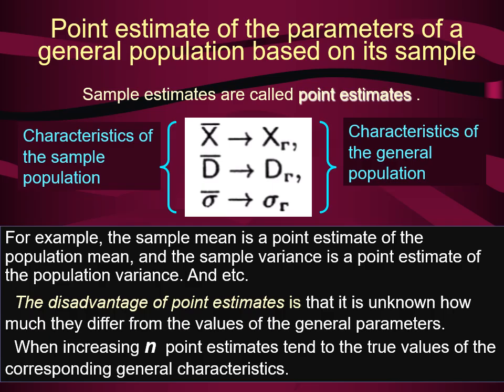I repeat, in any case, having found the average of the sample population, we will find only an approximate, one of the approximate estimates of the general population, because the selection of the sample from the general population will change slightly, that is, we will change the objects. One of the objects that was selected, we will return to the general population, or we will change it to another.